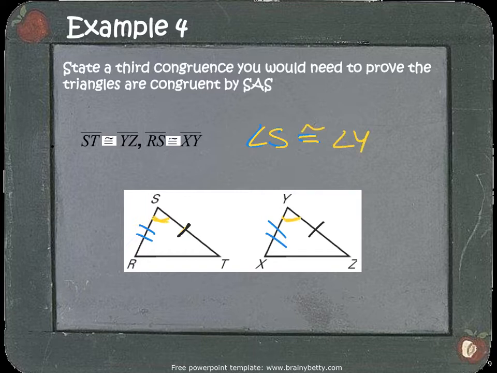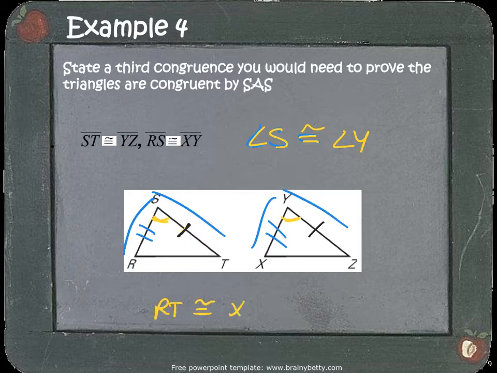It's got to be the included angle, or the angle that is made by the two sides that you have are congruent. Now, what if I ask you to prove these with side, side, side? What would you have had to show? Beautiful. That RT was congruent to XZ, and then you would use side, side, side.